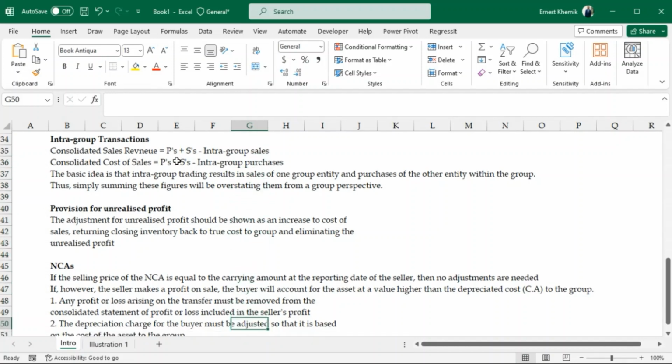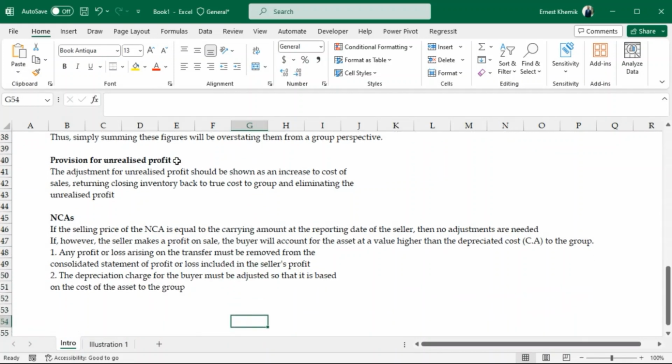Now, the next item we'll be dealing with is provision for unrealized profit. This is treated similarly to the consolidated statement of financial position, where the inventory remaining in stores is found, and then any profit element is calculated on it and then eliminated from the retained earnings. Here, the retained earnings in the consolidated statement of financial position becomes our profit figure in this particular situation.